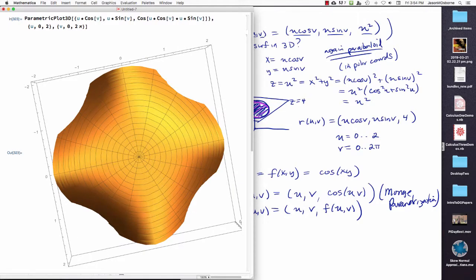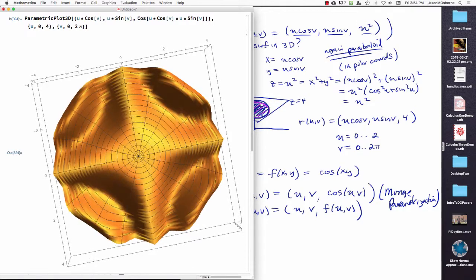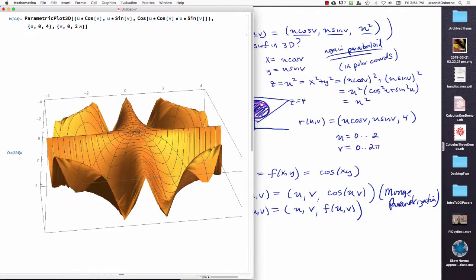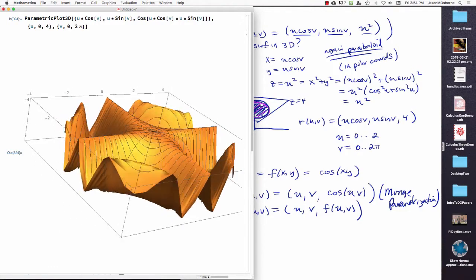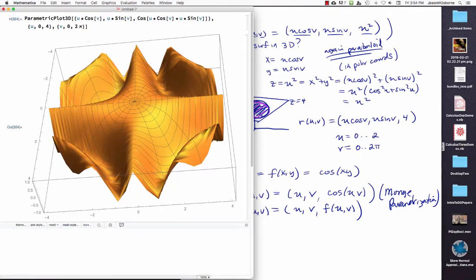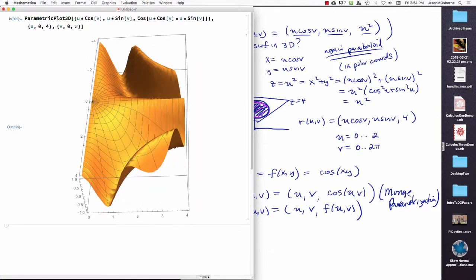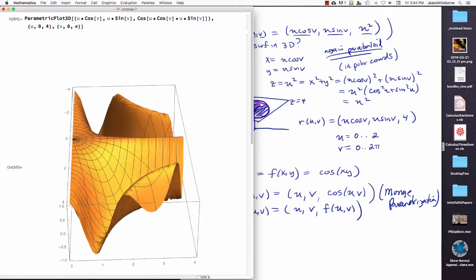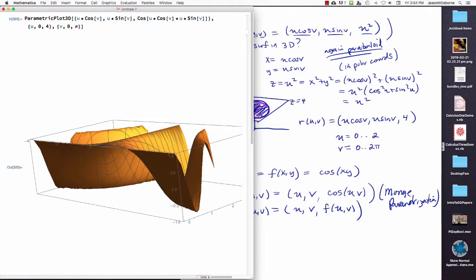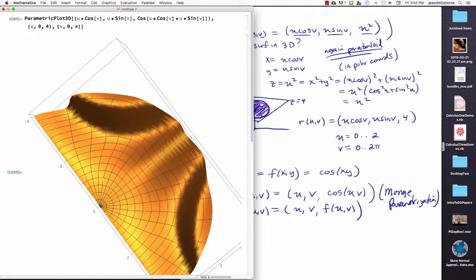If you wanted to enlarge that circle, we could have gone to a circle of radius 4. And over a larger circle, that surface does more oscillations. And if you wanted to let the angle variable go only from 0 to pi, you would get that same part of the surface, but only half of it. Again, we're now looking at it over half of a circle.